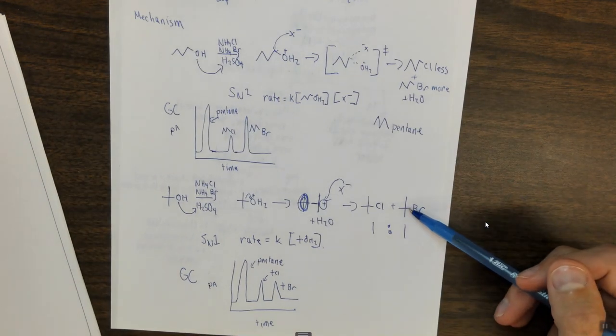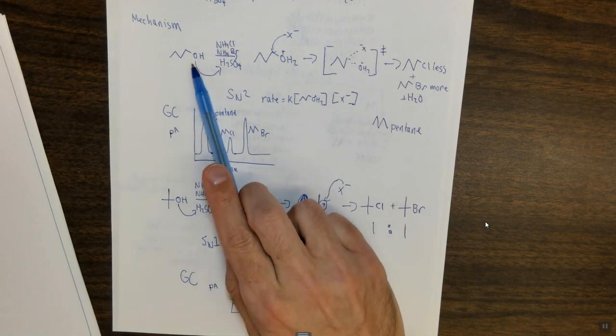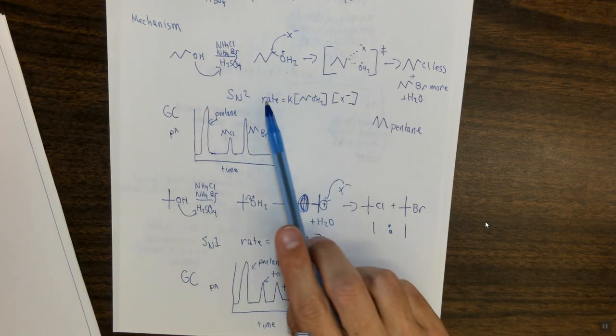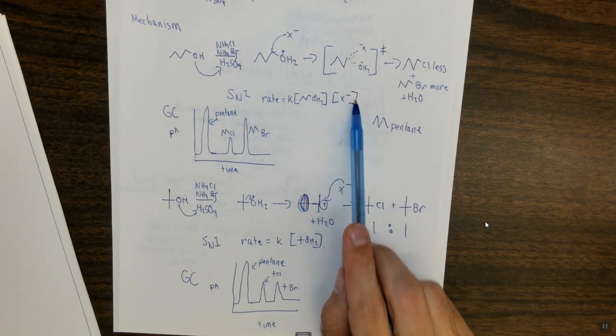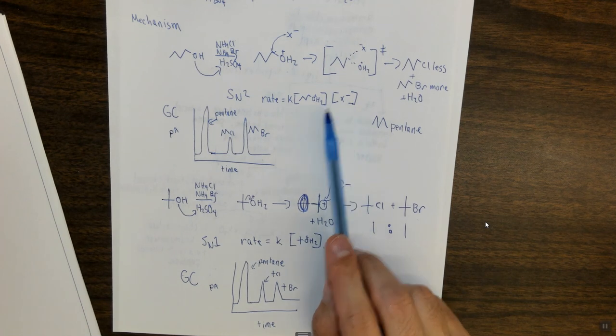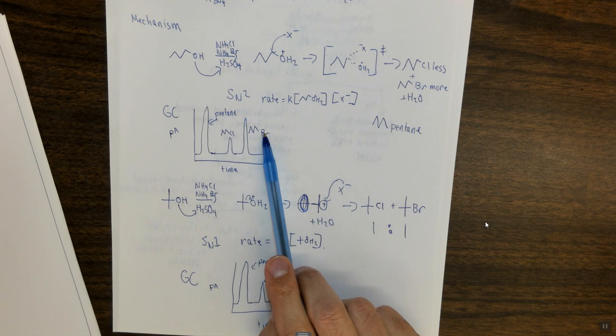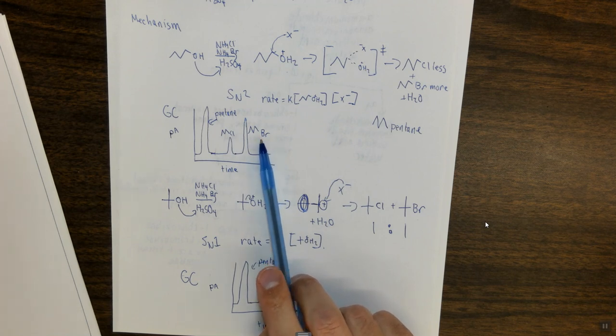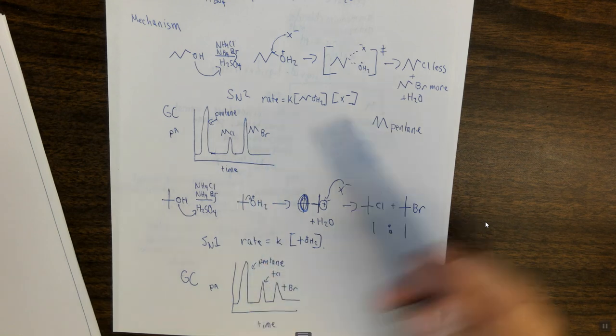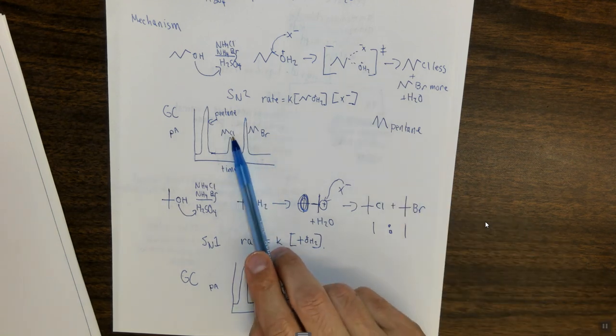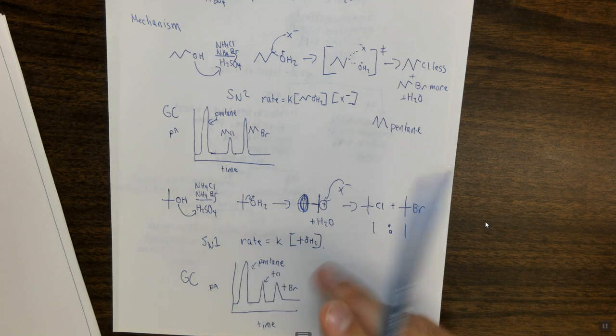But as a brief review, for the SN2 reaction of 1-butanol, the rate includes the strength of the nucleophile, which leads us to getting less of the chloro product and more of the bromo product, because the bromide is a better nucleophile in aqueous acidic media. We're going to analyze this by GC, and we should expect to see a smaller peak for the chloro product and a larger peak for the bromo product.